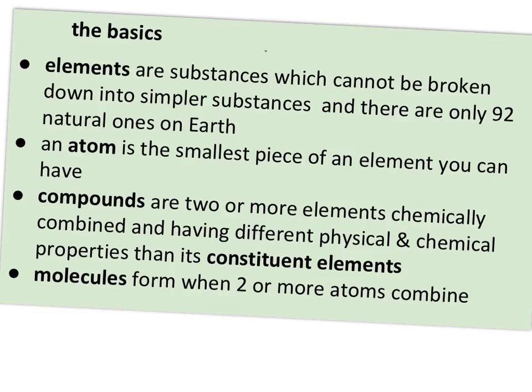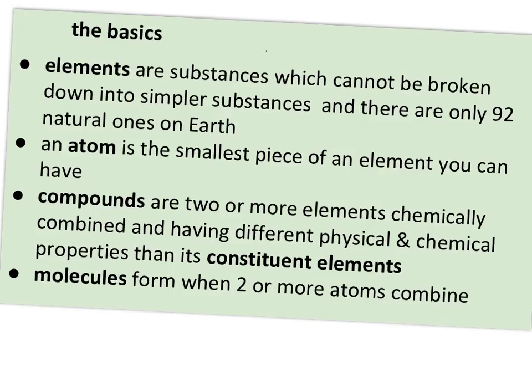Some of the basic terminology you should know: elements are the substances which cannot be broken down into simpler substances, and there are only 92 natural ones on Earth. An atom is the smallest piece of an element you can have, because if you get smaller than an atom, it no longer resembles that element. Compounds are 2 or more elements chemically combined and having different physical and chemical properties than their constituent elements.